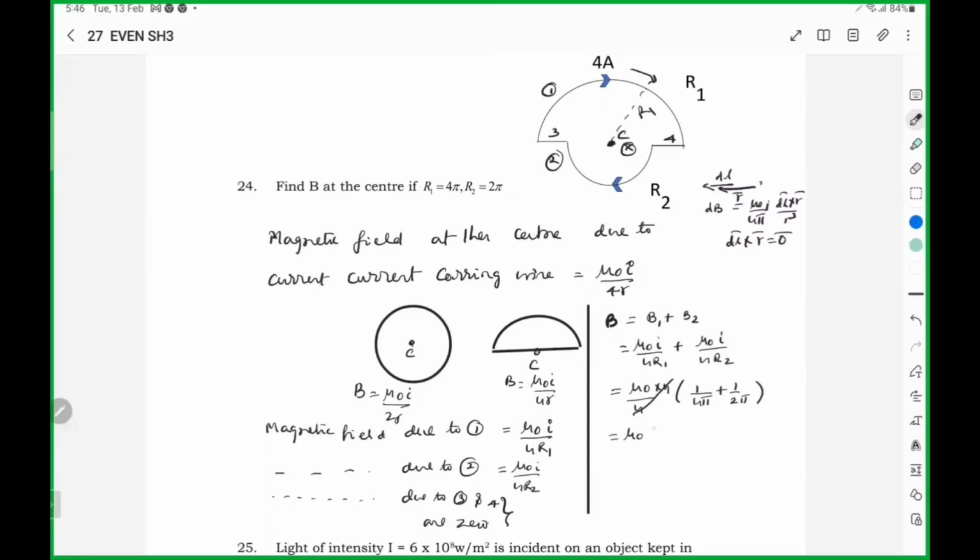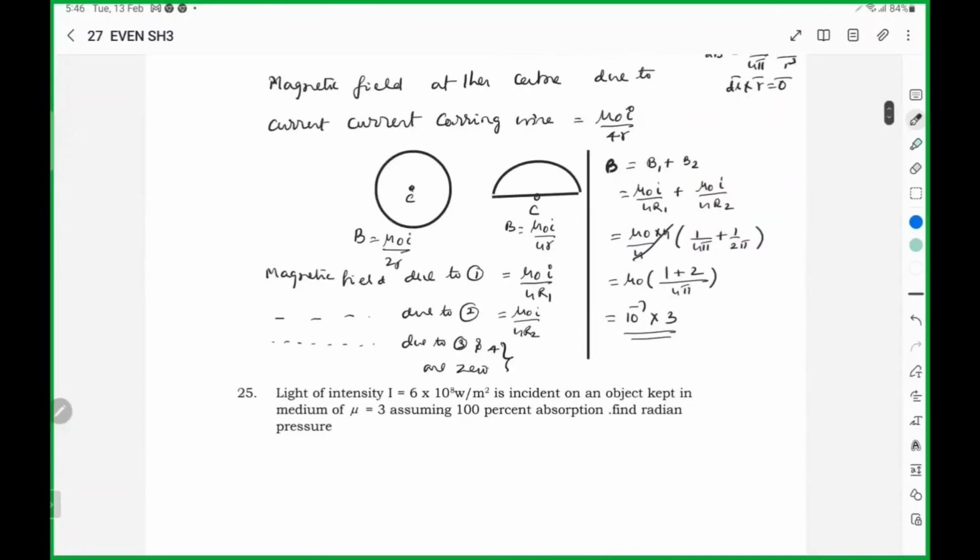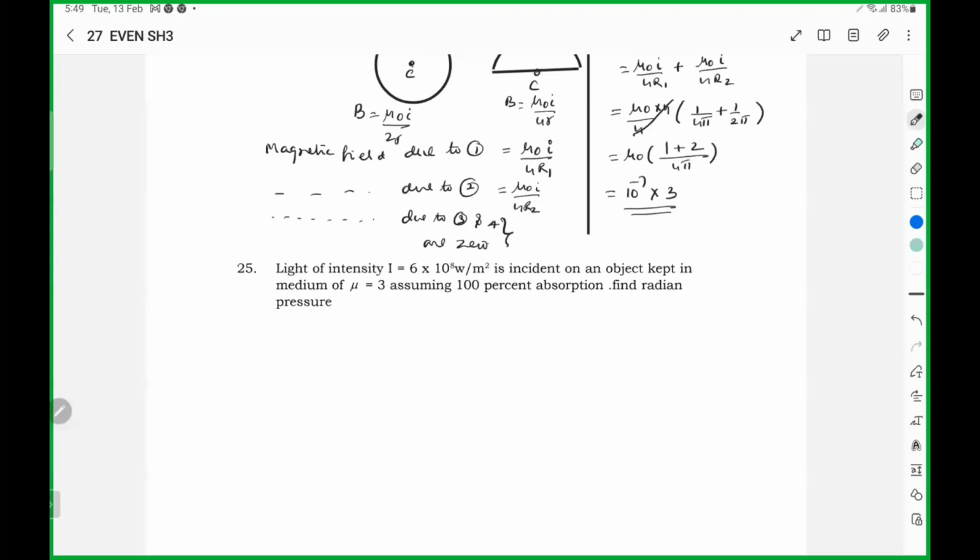So mu naught by 4 pi plus mu naught by 4 pi gives 3 into 10 power minus 7 tesla.